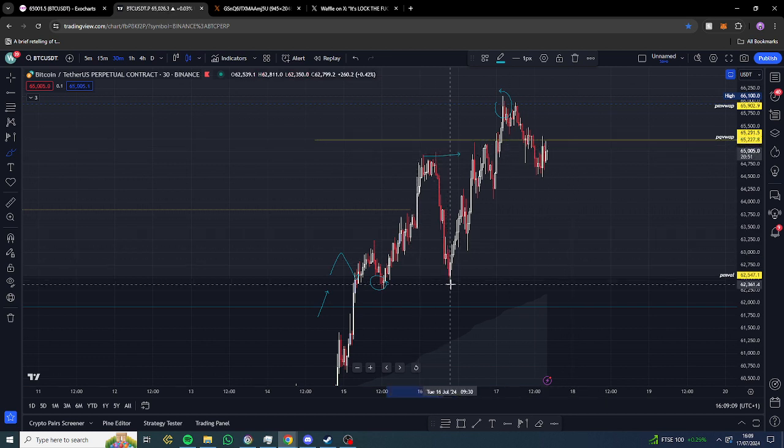Price obviously comes back down, but as it came down, it SFP'd the low here, and you had bullish divergence in delta around here. So basically, this was a brilliant SFP of the structure, and you had the confluence that it also retested and held the lower band of the monthly.